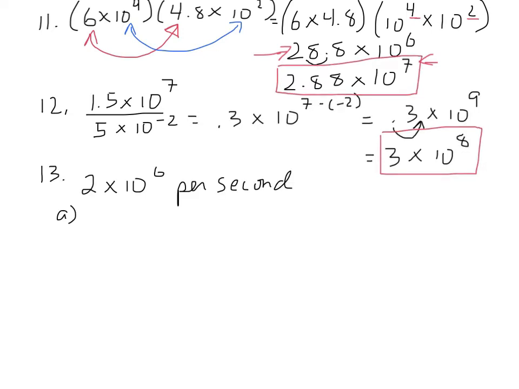This question asks, how many red blood cells does your body produce in one day? Well, we start with 2 times 10 to the 6th blood cells per second, and we need to convert that to day.